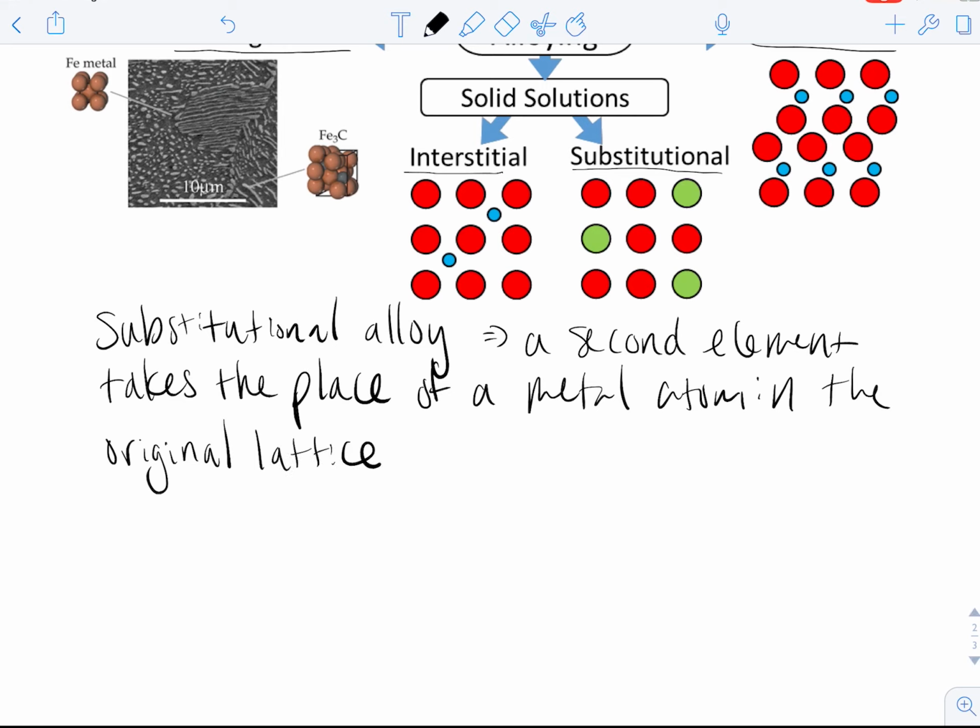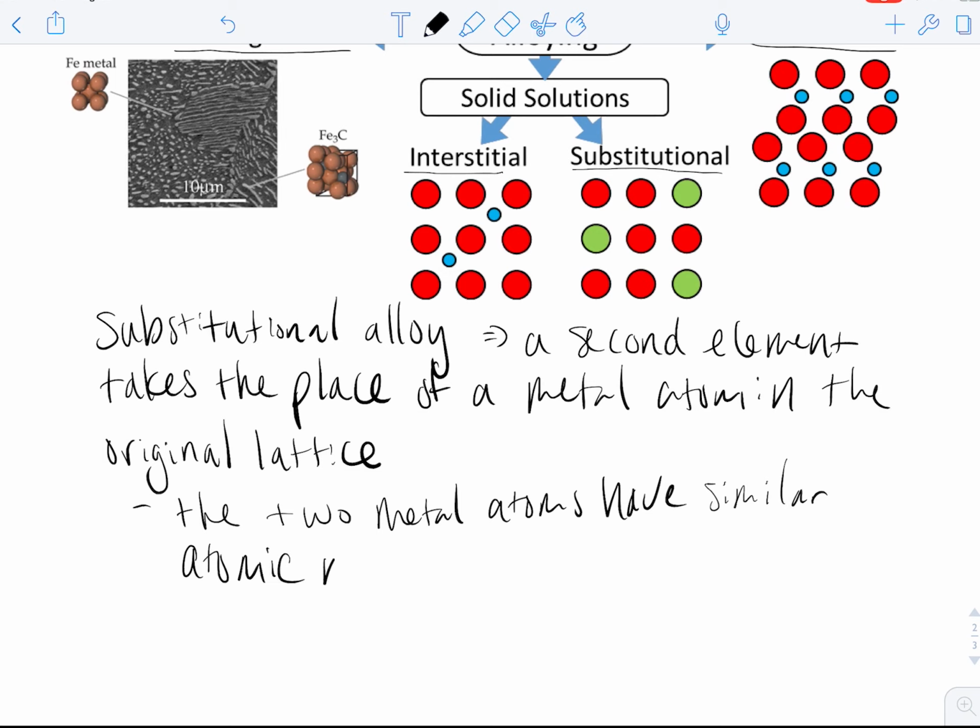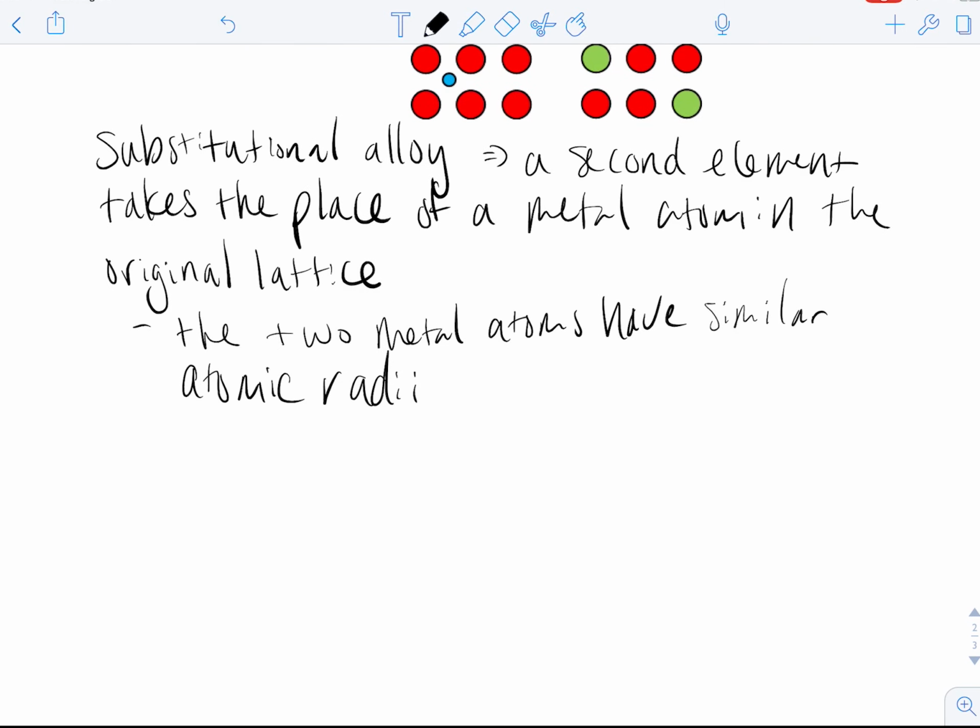Okay. To get a substitutional alloy, you have to have the two metal atoms, the initial metal lattice atom and the substituted-in metal, having similar atomic radii. And remember, these are metals, right? We're talking about metal atoms, not metal ions.